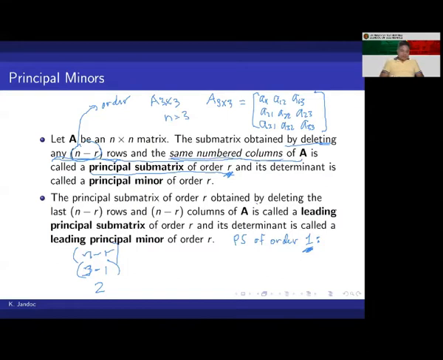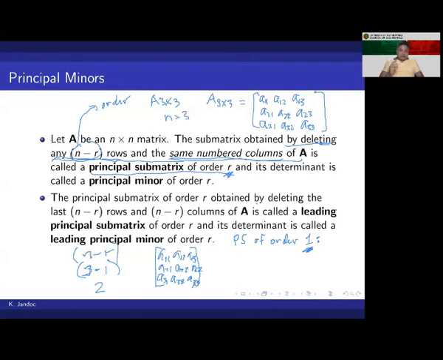Okay, so what are the principal submatrices of order 1? Let's write this one out: A11, A12, A13, A21, A22, A23, and A31, A32, A33. Great. That's this matrix A. Now we will delete the same numbered row and column.